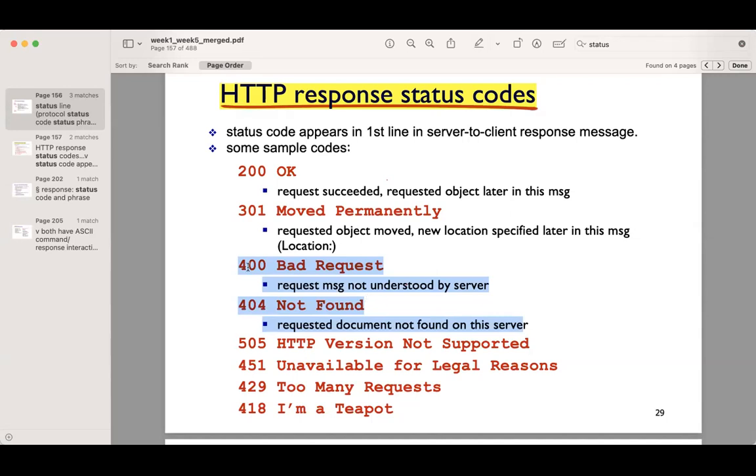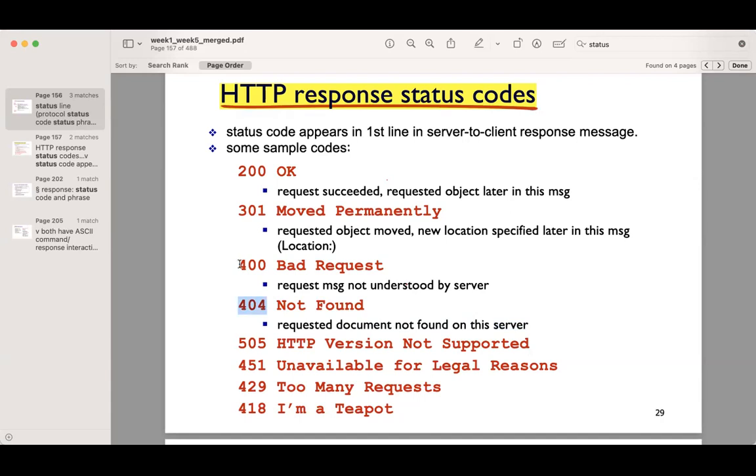Okay, so 400, bad request, means we have a wrong request, right? So it's a client side error. And 404 not found means we requested a document that is not found on this server. So it's not the server's fault, it's the client's fault, because we are asking for a file that does not exist.